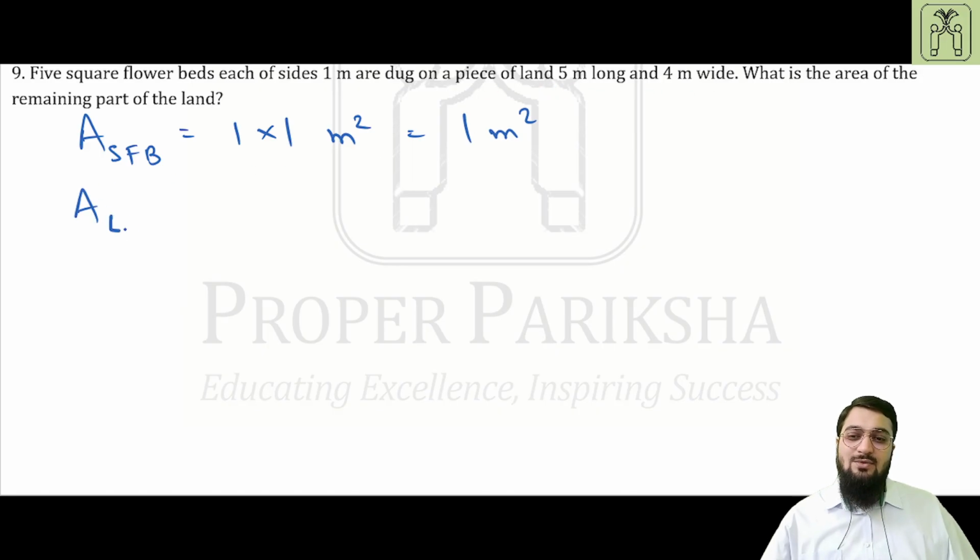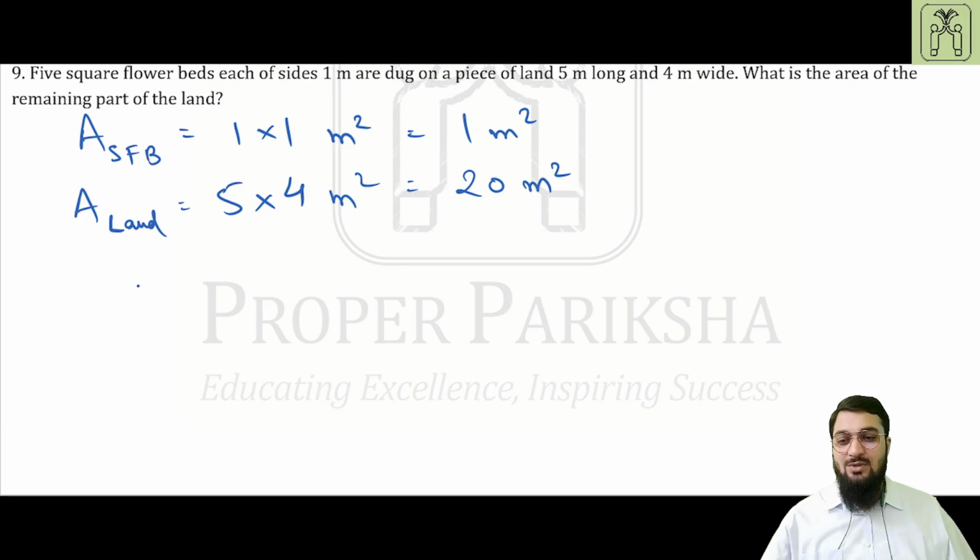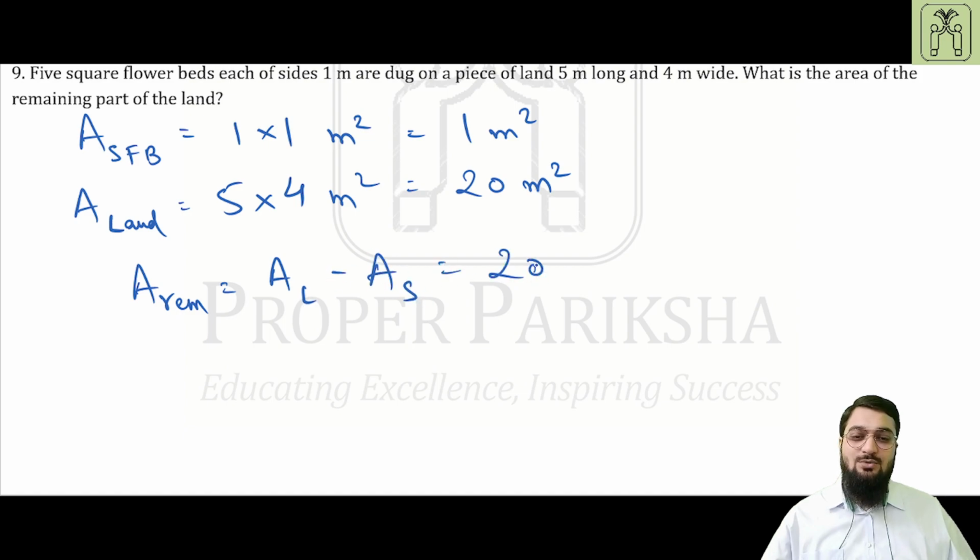So area of land is equal to 5 into 4, that is 20 meter square. What is the area of the remaining part of the land? So area remaining is equal to area of land minus area of square flower bed, that is 20 minus 1, is equal to 19 meter square.